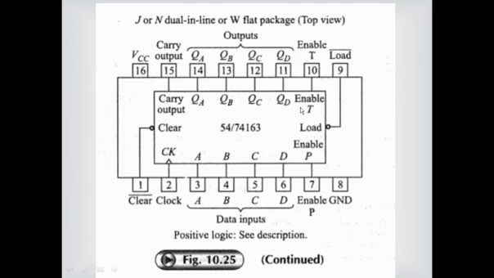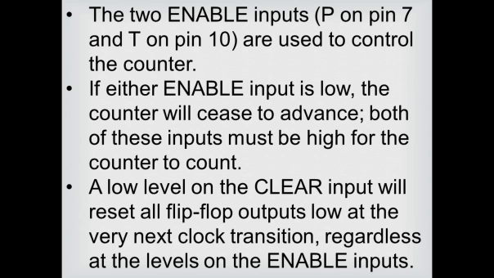That means this is a synchronous load. Pin number 15 is your carry output, pin number 16 is your VCC and pin number 8 is the ground. This is the way you can understand the pin description of IC 54 or 74163.